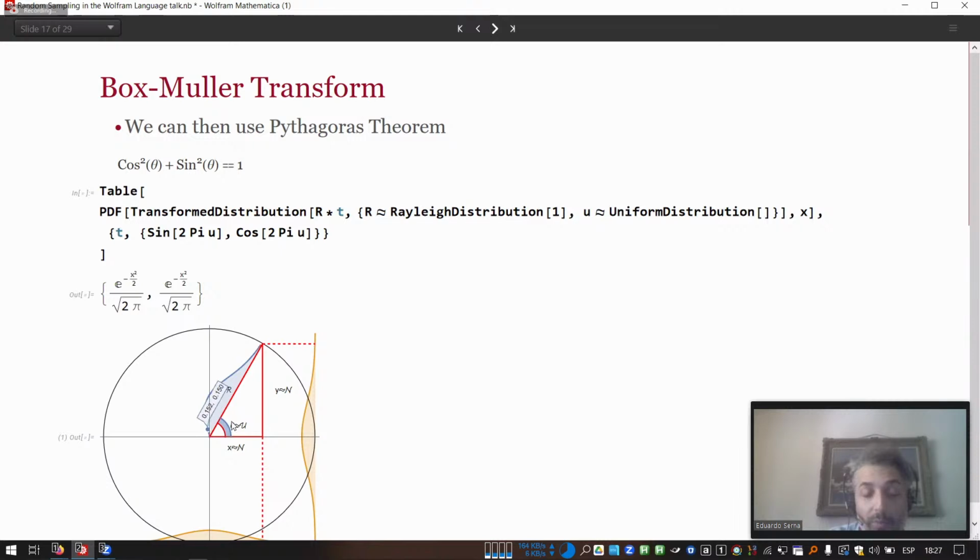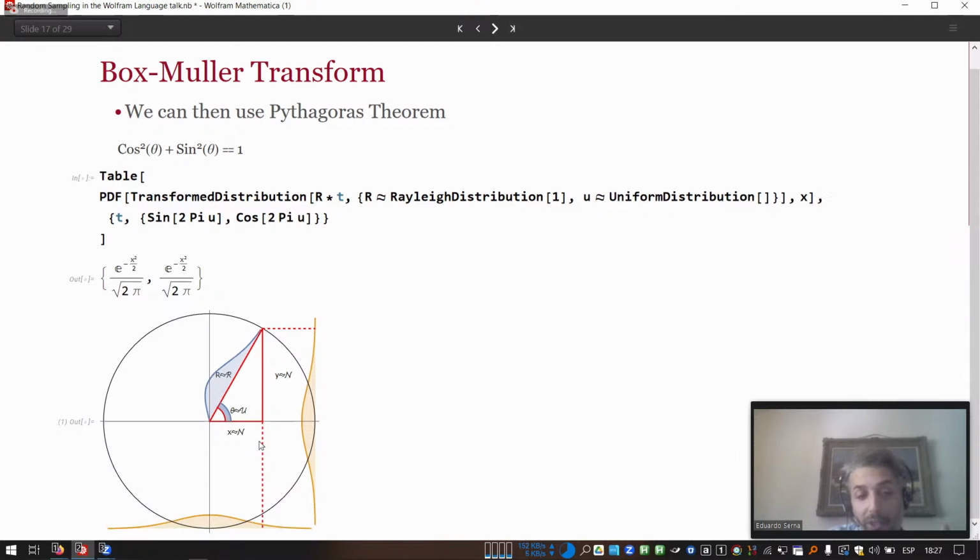If the angle is uniform, the sides of the triangle will be normally distributed, and this can be seen by performing the transform distribution on a Rayleigh distribution times the sine or the cosine of a uniformly distributed angle, and we do indeed get the PDF of a normal distribution.